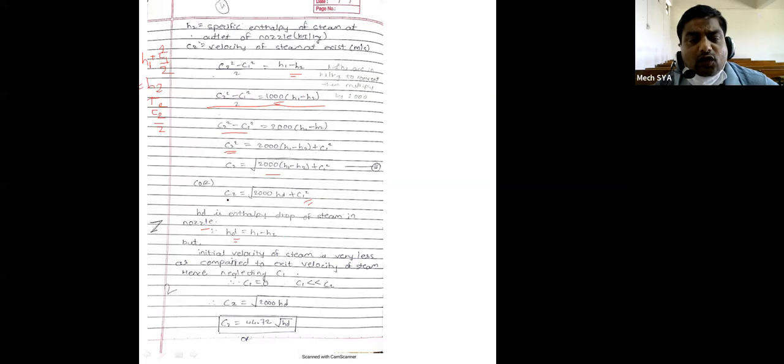Now how does it work? C2 is so much greater than C1 that C1 is negligible. C1 can be neglected as compared to C2. Therefore, the initial velocity of steam is very less as compared to the exit velocity of steam.